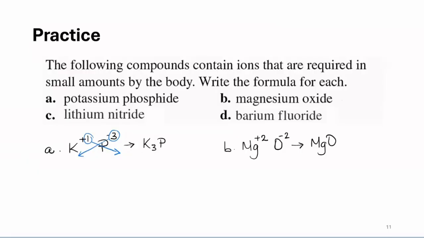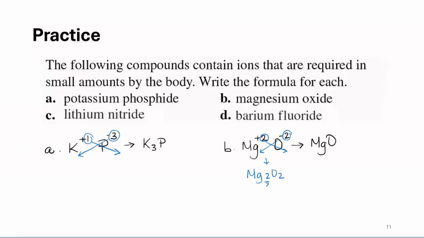You can also come up with that chemical formula by exchanging the ion charge, meaning this 2 is the subscript of the oxygen, this 2 is the subscript of the magnesium. So at first, you will write Mg2O2, and then you will apply rule 4, which means you have to do the smallest whole number ratio.